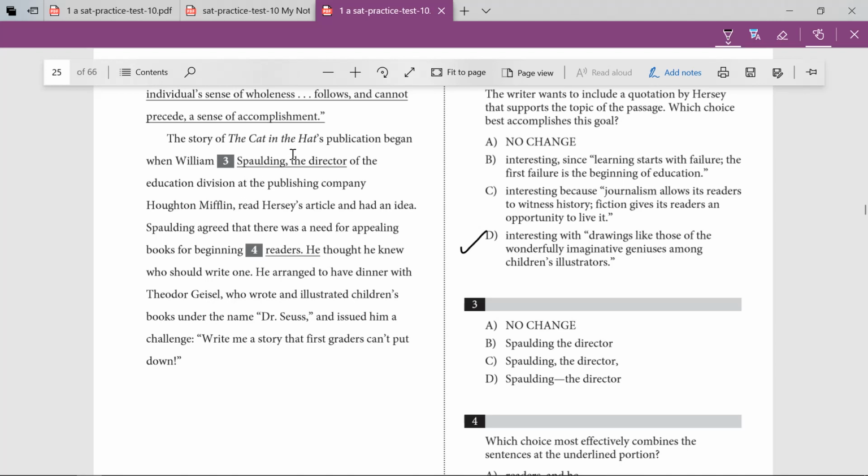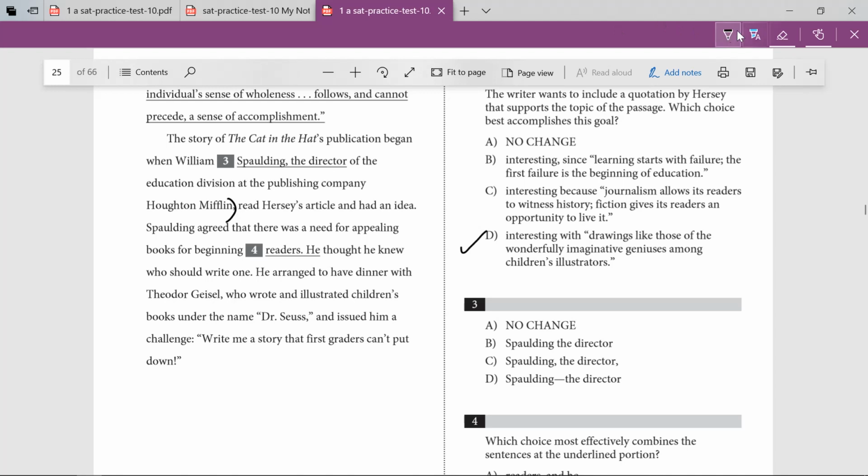So this is the complete thing from here all the way to this. This is a comma separated list. So what I would not like to have is this, the director of. So the way it is is fine because it starts with a comma here and ends with a comma at this point.